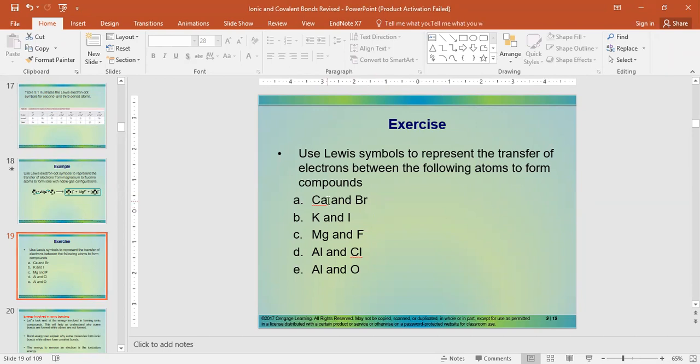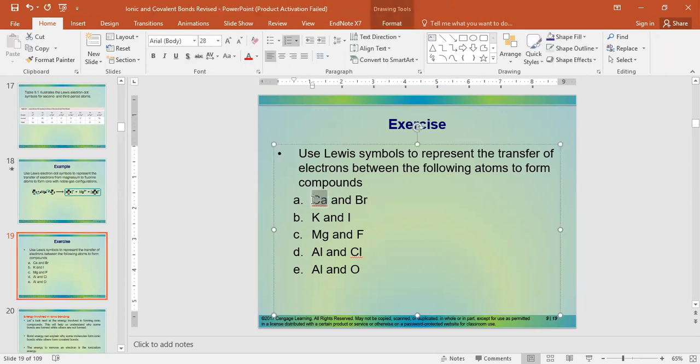Therefore, we can say that this calcium here is a divalent atom, while bromine is a monovalent atom. Here, we are talking about the number of electrons available for exchange. So this one can accommodate an extra electron, and this one can give 2 electrons. Therefore, the formation of this will involve 2 bromine atoms and 1 calcium atom.